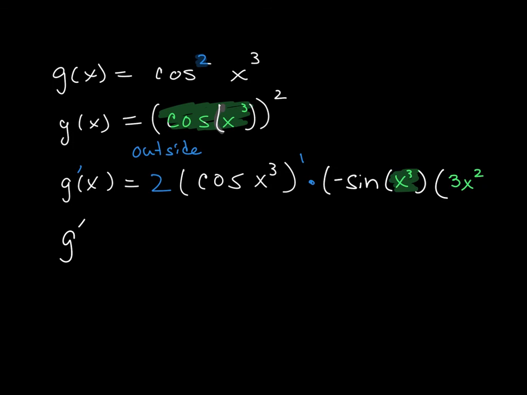So now g prime of x, the 2 and the 3 get combined, and it's going to give me a negative 6x squared. I got the negative from in front of the sine, and I also combined the x squared in that. Now that is times my two trig functions, which is the cosine of x to the third and the sine of x to the third.